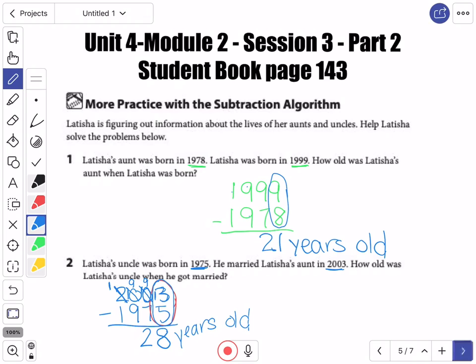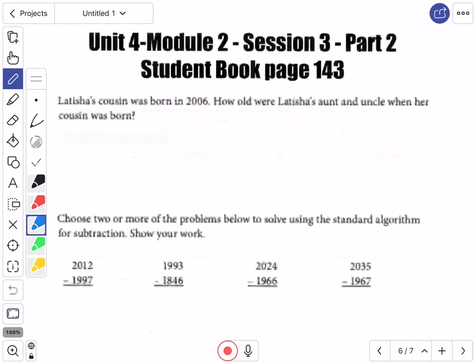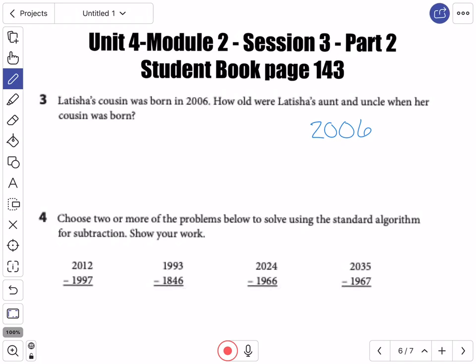All right, moving on to the next 2 problems. Okay, so for the next 2 problems, we've got Letitia's cousin was born in 2006. How old were Letitia's aunt and uncle when her cousin was born? All right, well, we know that Letitia's uncle was born in 1975, so we're going to have to do 2006 minus 1975.